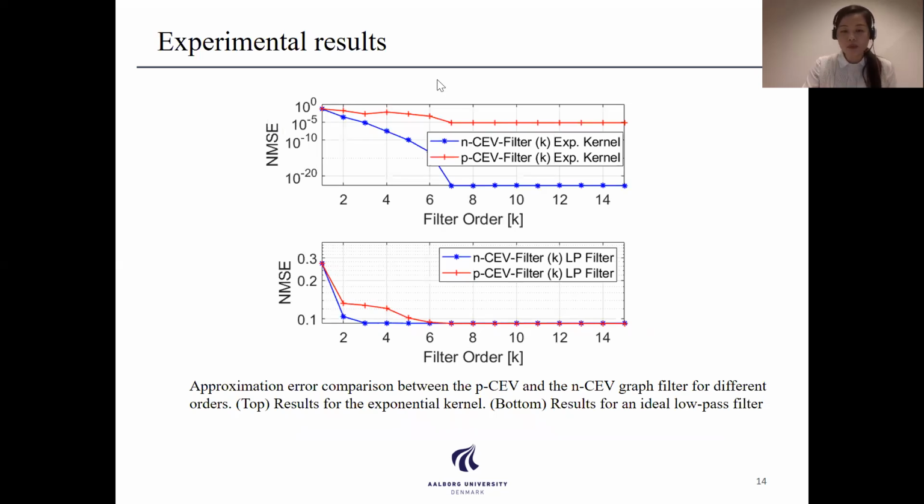The top result is for the exponential kernel, and the bottom is for the ideal low pass filter. We can see that in both cases, the price to pay for achieving privacy preservation is that we either need to sacrifice a bit of approximation accuracy, or we need a little bit higher order to achieve the same approximation accuracy.